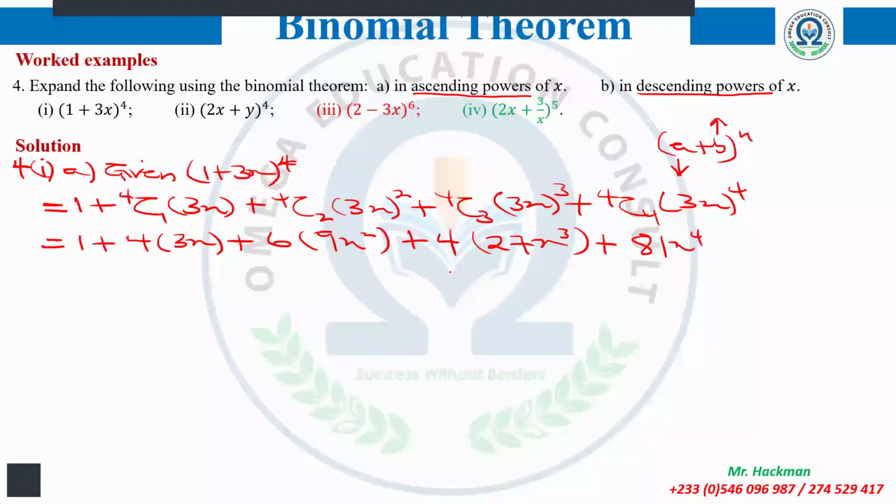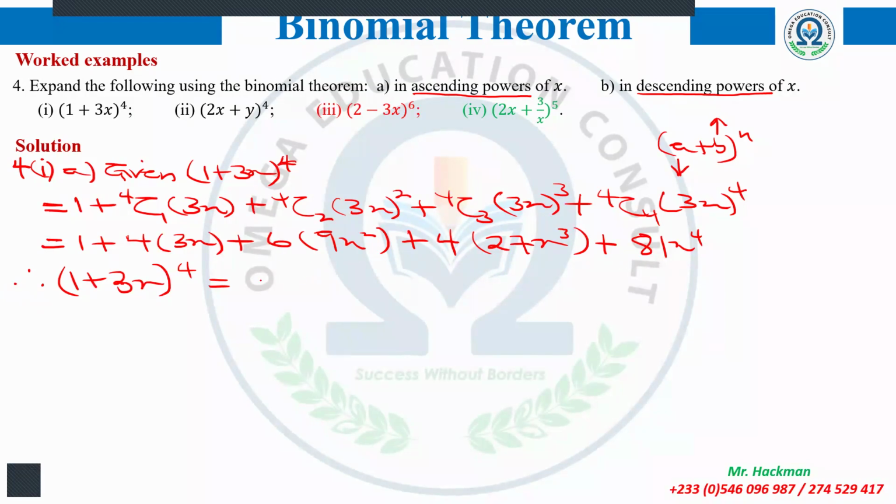So you come and remove your final bracket. In this case, that would be your last step. So last step, I will write therefore 1 plus 3x all to the power 4 will be equal to, and then don't write therefore in ascending powers. Your arrangement will bring out that fact.